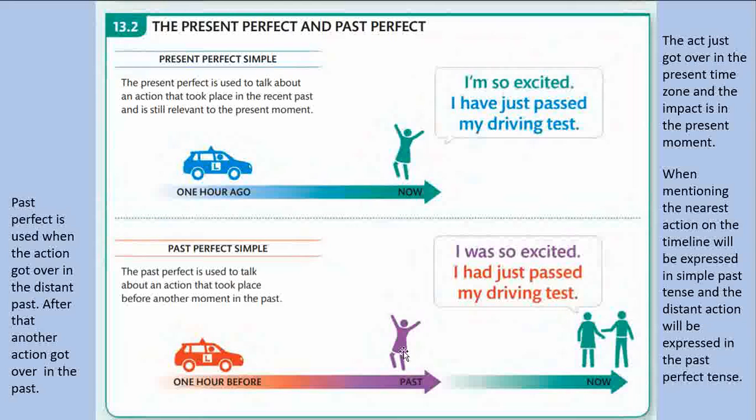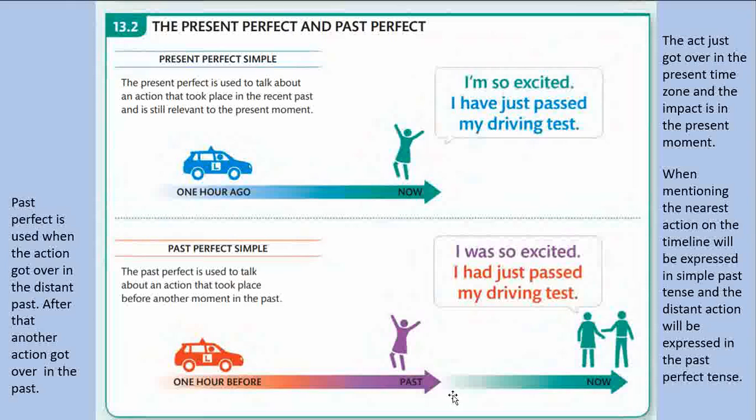The first action that ended was I was excited. So, simple past tense. And when we go further down, we see that I had just passed my driving test. So that is past perfect tense. Simple past and past perfect tense.